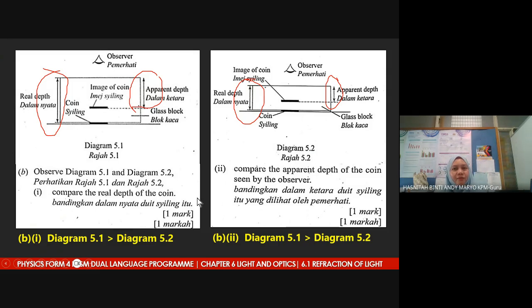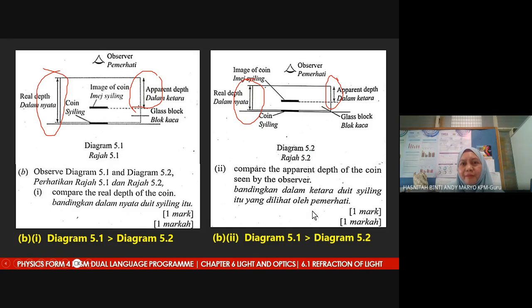Okay. For structure, you can straight away write the diagram. But for essay, remember you must write the parameter, must write the real depth, must write the apparent depth when you do comparison. That is the difference for answering comparison for structure and essay.